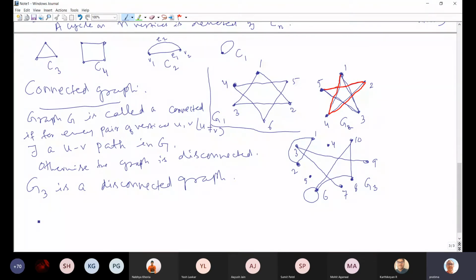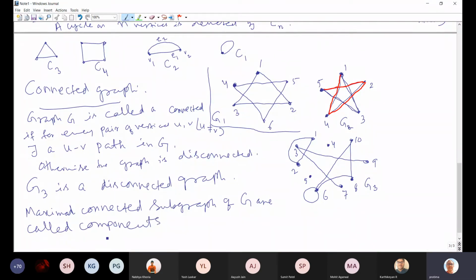Maximal connected subgraphs of G are called components of G. Sometimes people say connected components also, or simply we say components of G.